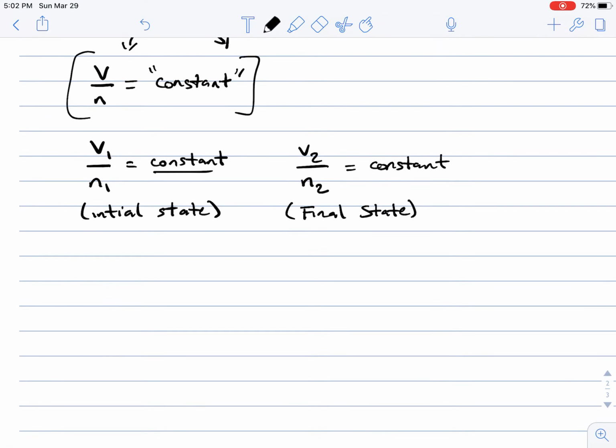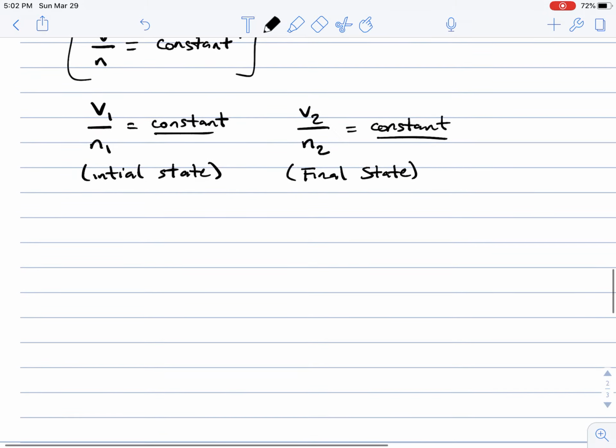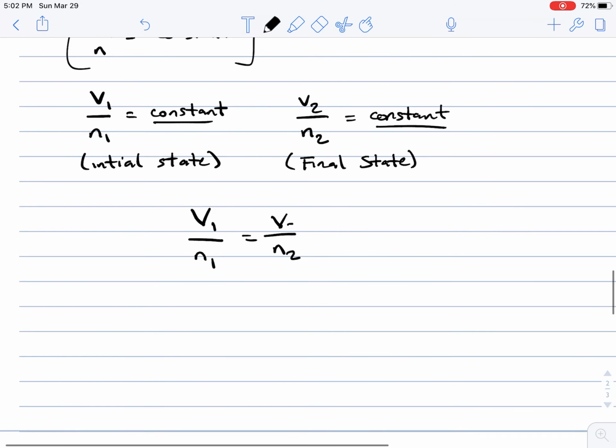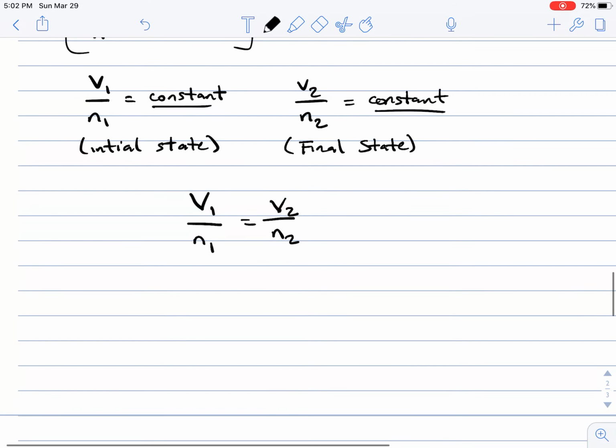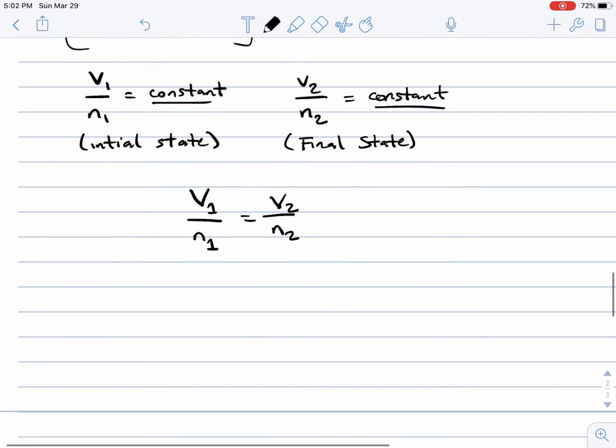And so once again, since these constants are the same, we can set them equal to each other. And if we set them equal to each other, that's going to give us an overall equation such that V1 over N1 is equal to V2 over N2. Once again, the 1s will represent the initial state and the 2s will represent the final state. And so if you had changed the number of moles of gases, how is that going to affect the volume of the system?